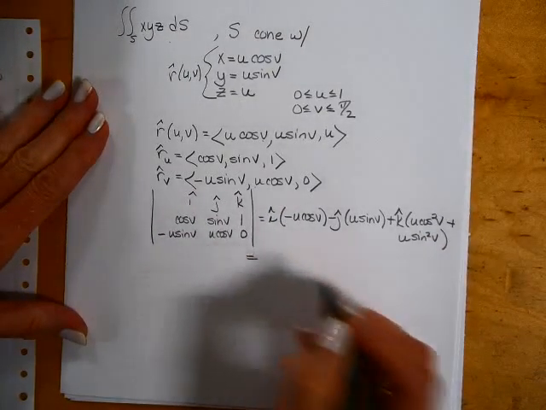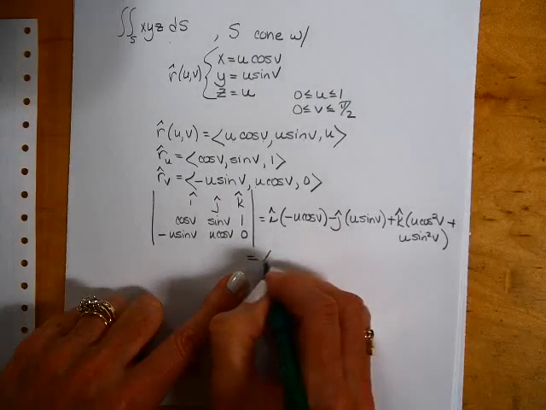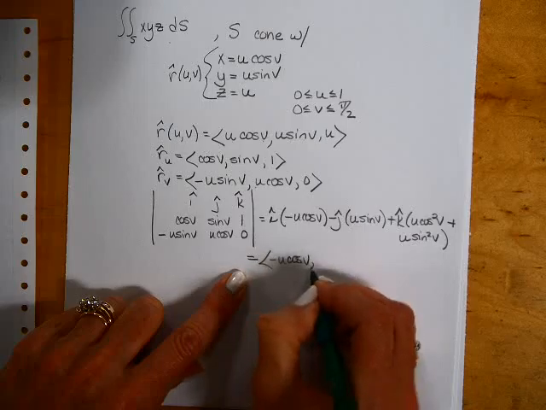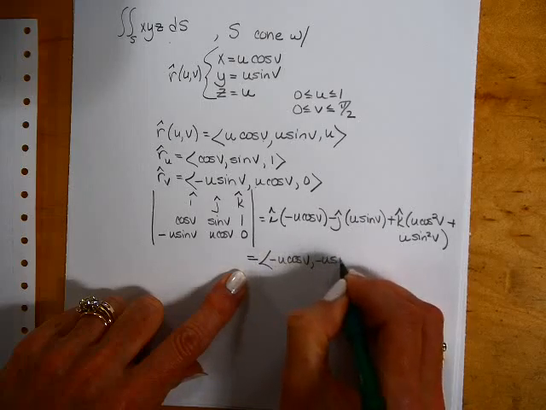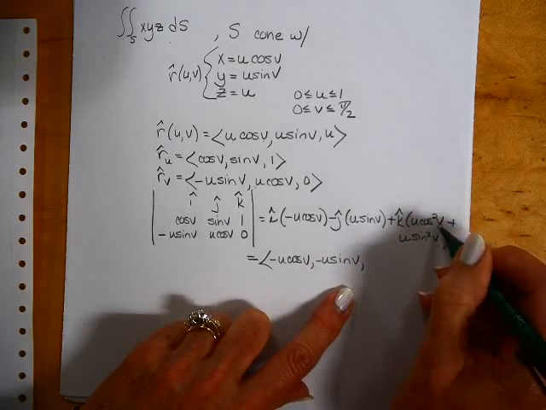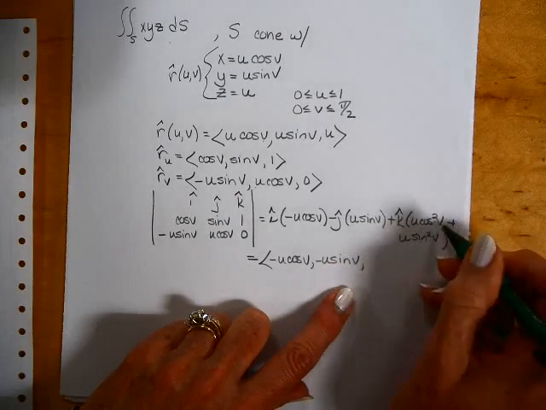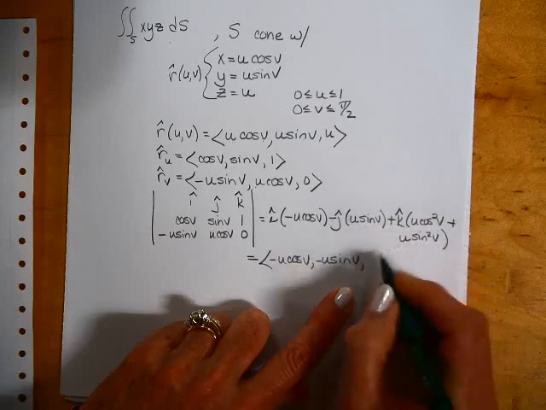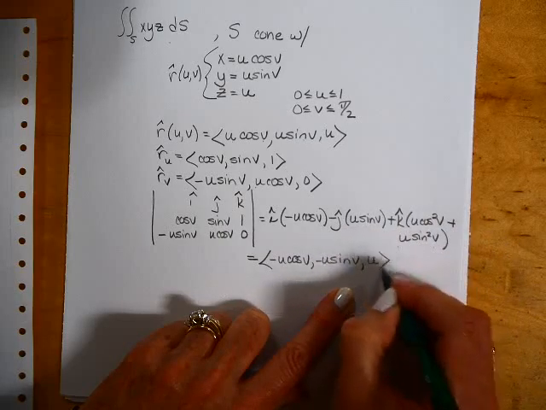So this is the vector negative u cosine of v, negative u sine of v, and this one, if I factor out a u and put cosine squared plus sine squared, that's 1. So that's going to simplify to u.